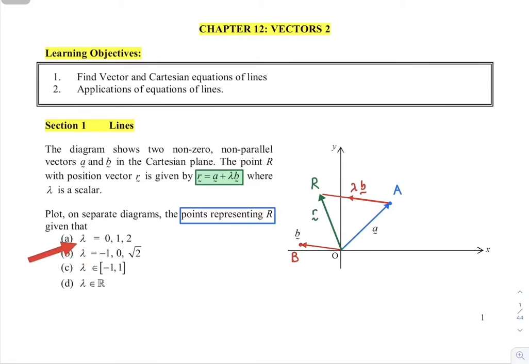By changing the values of lambda in the next few examples, we're going to see that the position vectors of the points representing the point R will actually change. So we're going to look at that in the next moment.